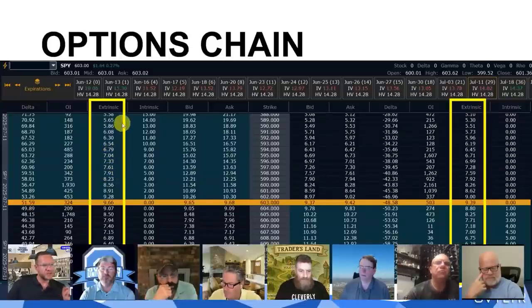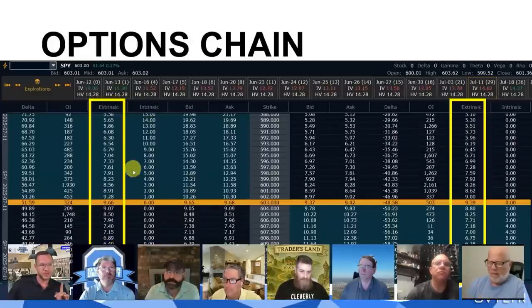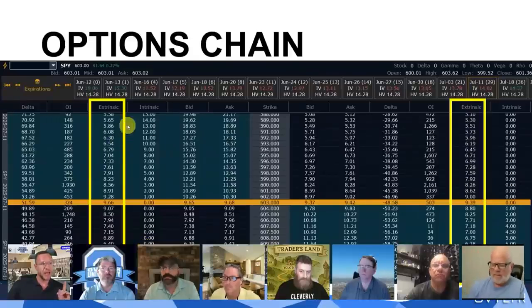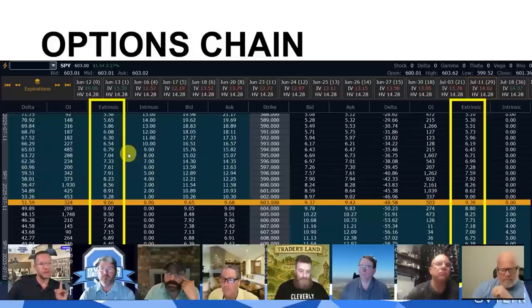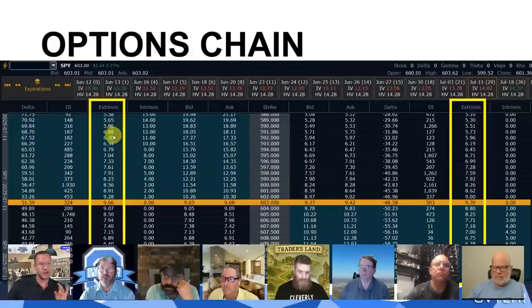So extrinsic value. This is what you are trying to minimize. Intrinsic, you want to maximize. Extrinsic, you want to minimize. Why? Because extrinsic value goes to zero on every stock, on every options chain, on every expiration, every single time.